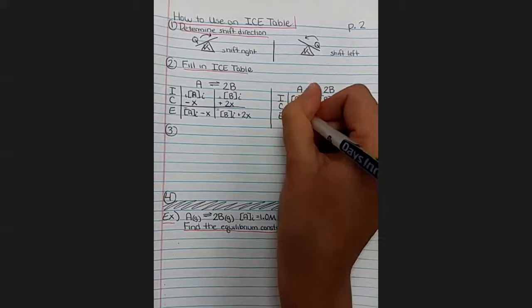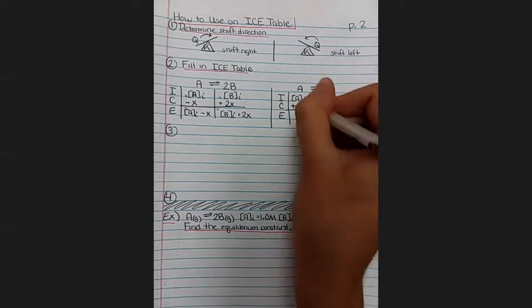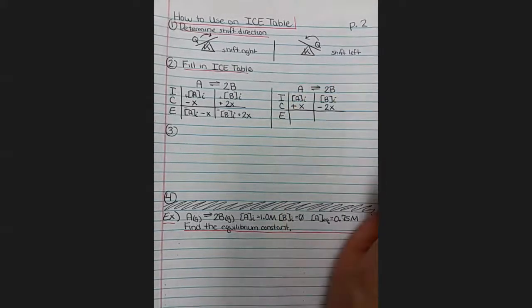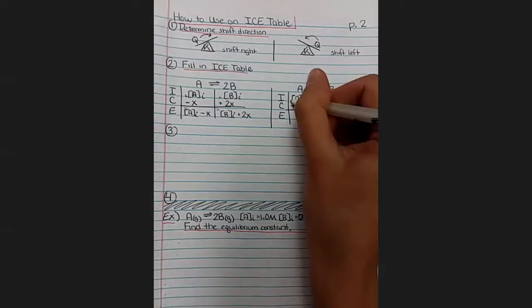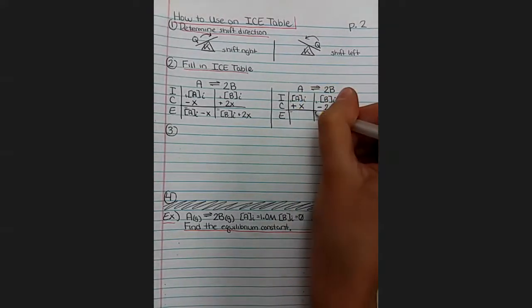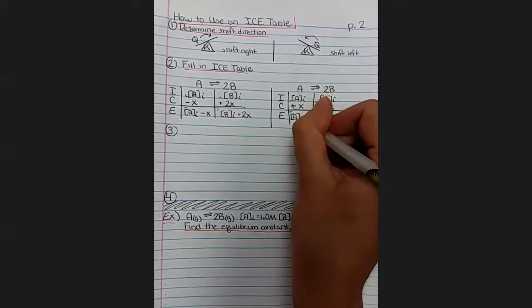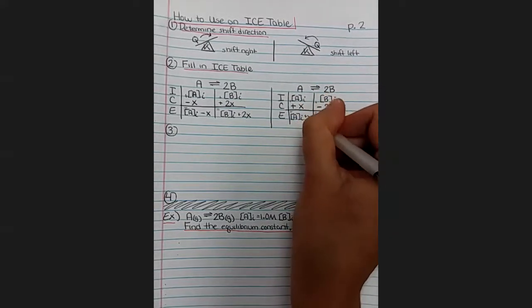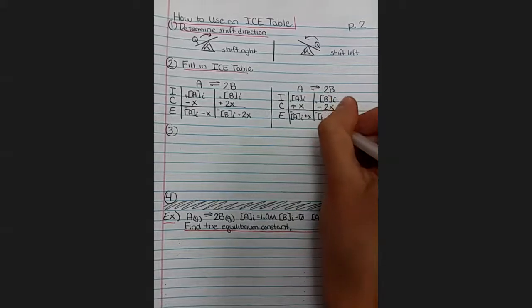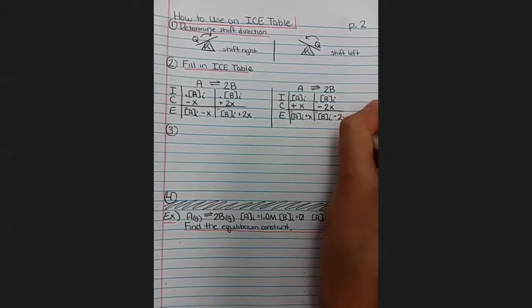We're going to add to the reactant side. And there's a coefficient of 2 on this side, coefficient of 1 on that side. And then we're going to add initial plus change for the equilibrium row. Initial concentration of A plus X, and initial concentration of B minus 2X.